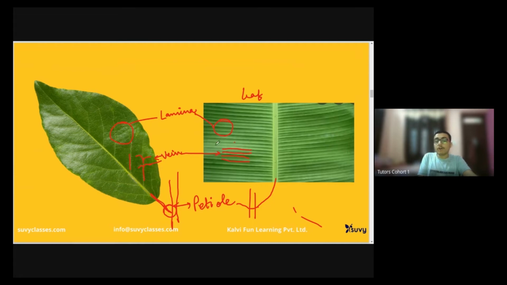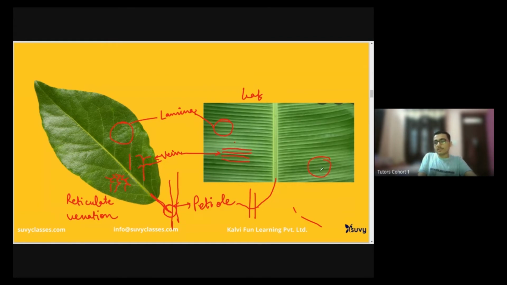Now, children, you can observe that in this leaf, the veins are not in a regular fashion. These are either branched or a mesh kind of pattern has been formed. This condition is known as reticulate venation. And as you can see here, the veins are parallel.